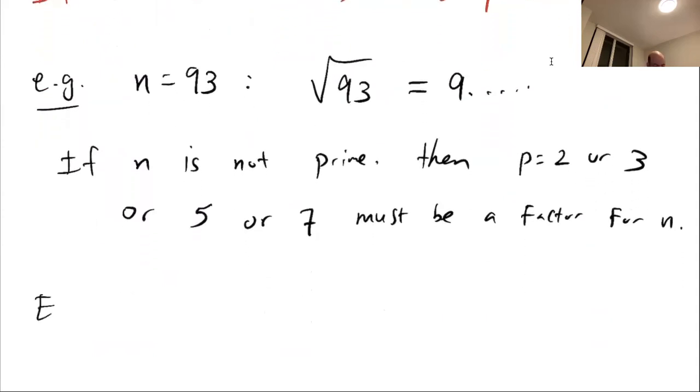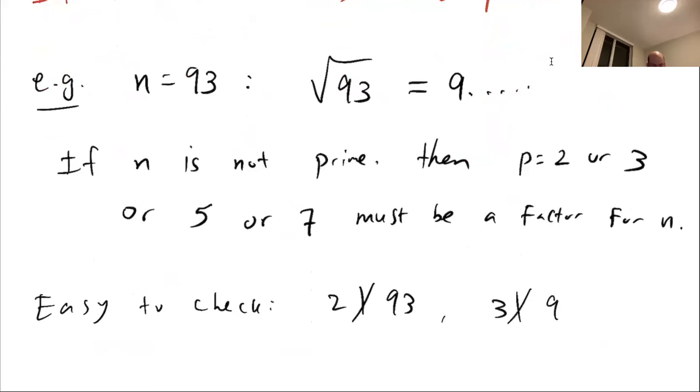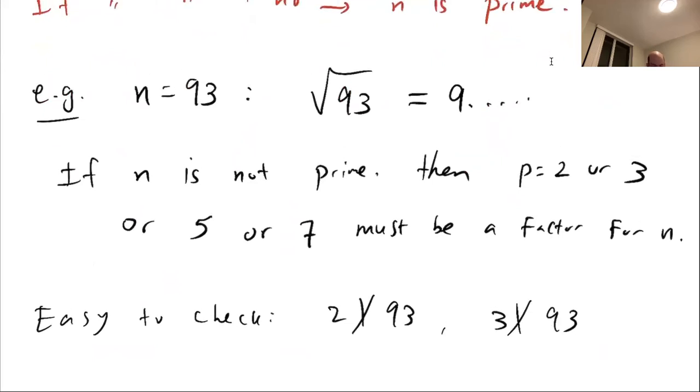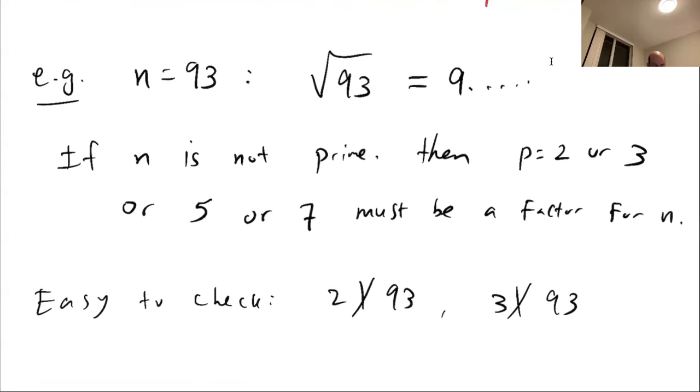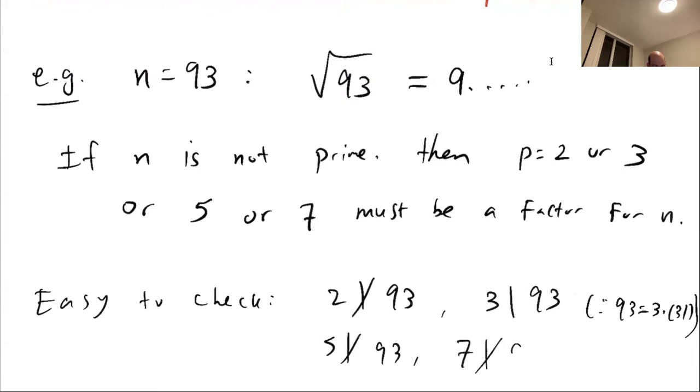So easy to check: 2 does not divide 93 because 93 is not even. 3 divides 93, because 93 is 3 times 31. 5 does not divide 93 and 7 does not divide 93.